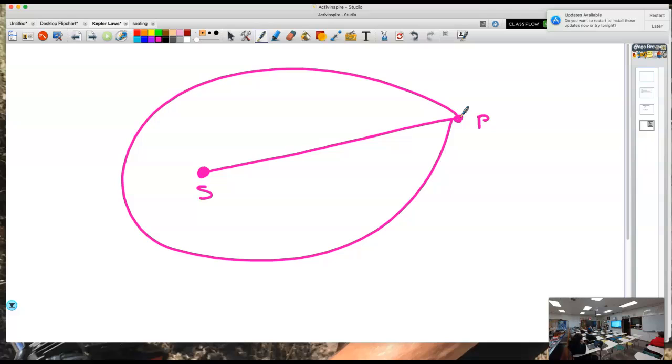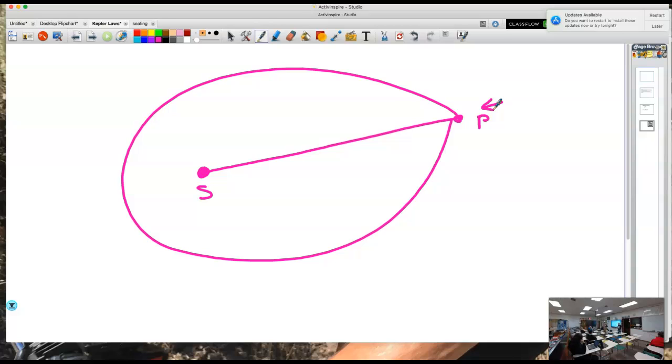What's equal area? So what's the planet doing? Orbiting. It's going around, right? It's moving. So if we start here and we let the planet travel one day, where is it going to go? Is it going to go all the way around in one day?